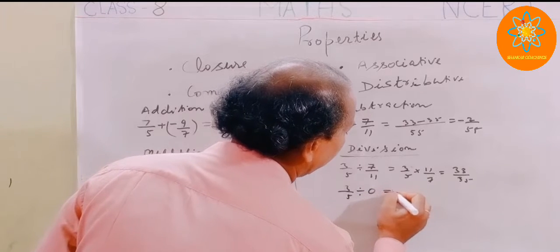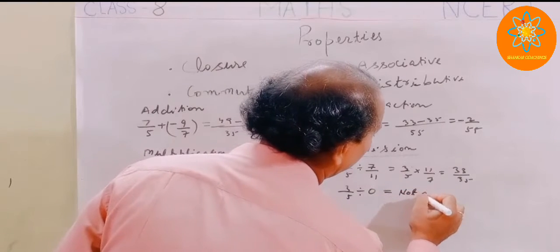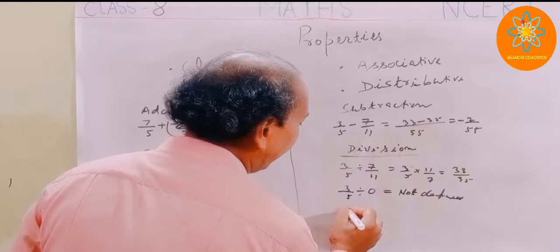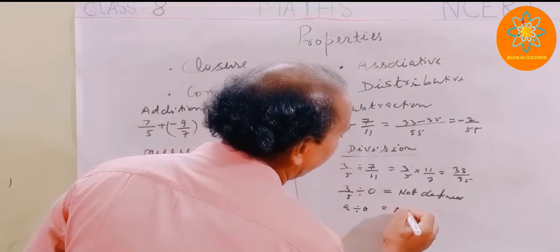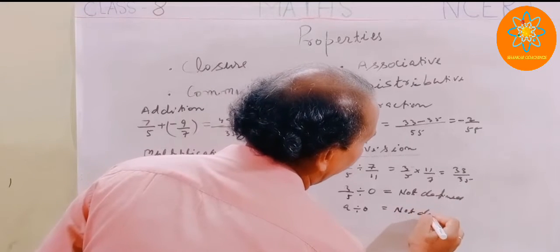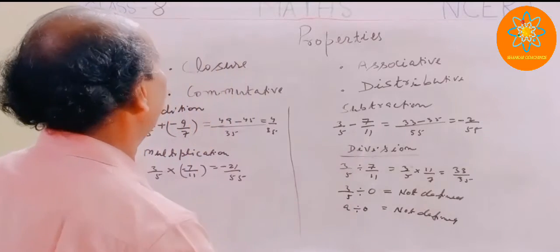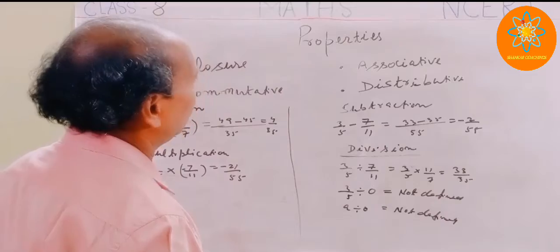This is not defined. So I can say that any number divided by 0 is not defined. Hence, for the case of division, the closure property is not true.